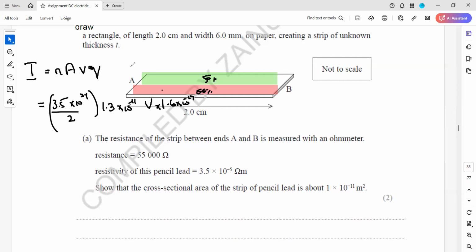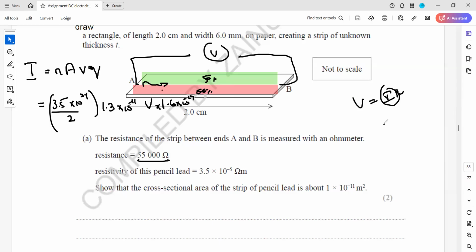What about the current? How much current is there? The potential which is applied across this, and the resistance of this section was 55. So we can identify how much current will flow because V equals IR.